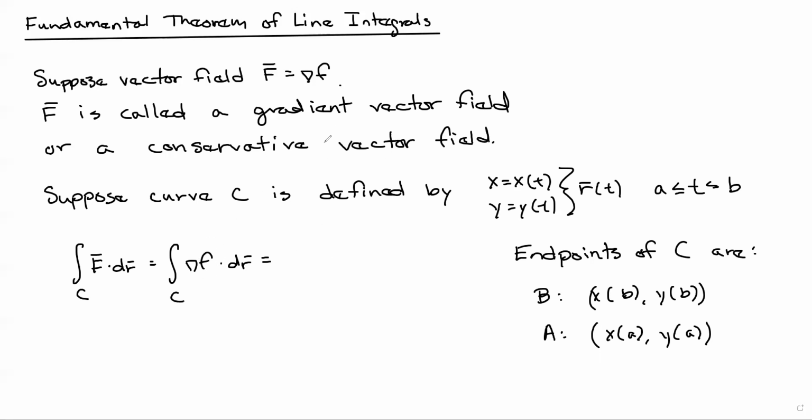In the last section, we said that's the potential function for the gradient vector field. So we're going to get f of x of b comma y of b minus f of x of a comma y of a. And if we used our shorthand, we could just say it's f of b minus f of a.